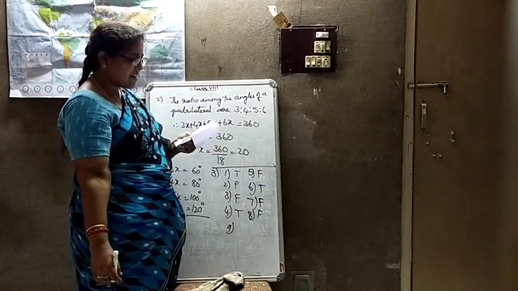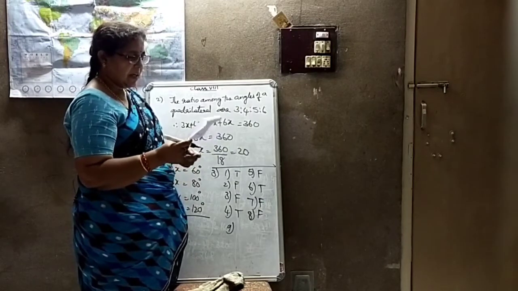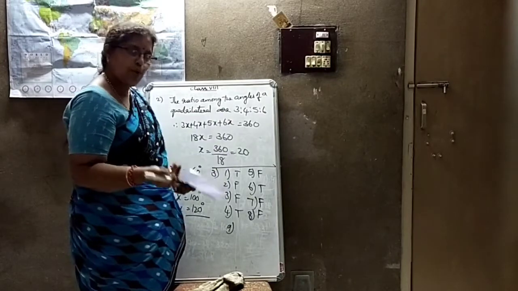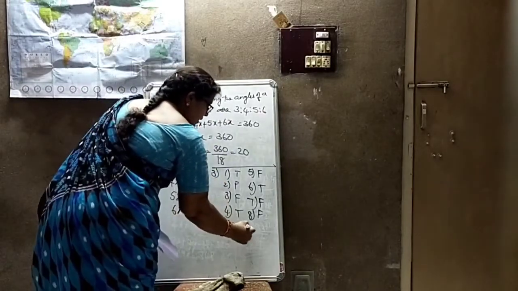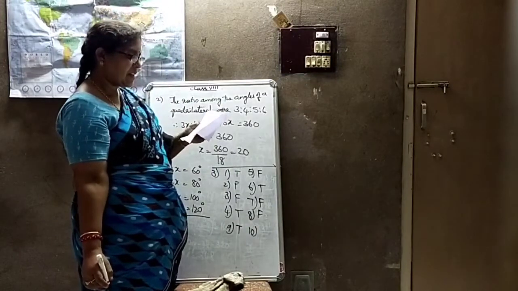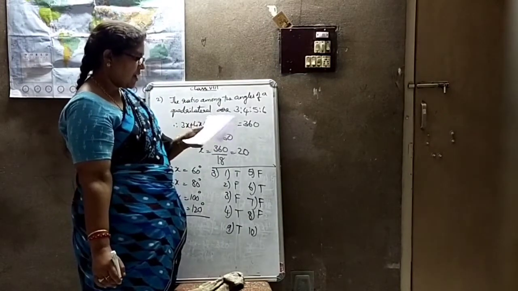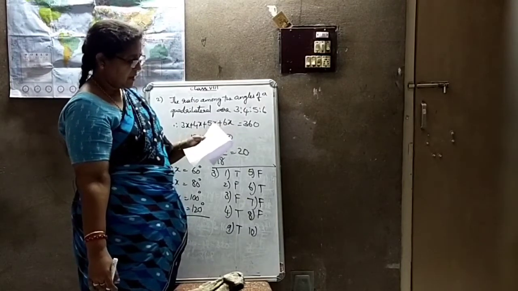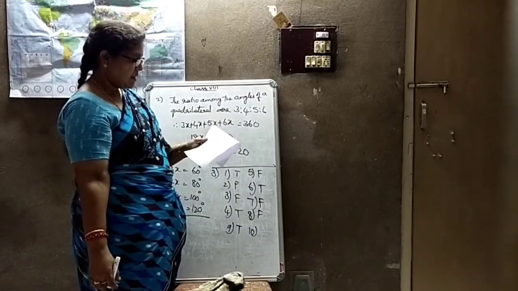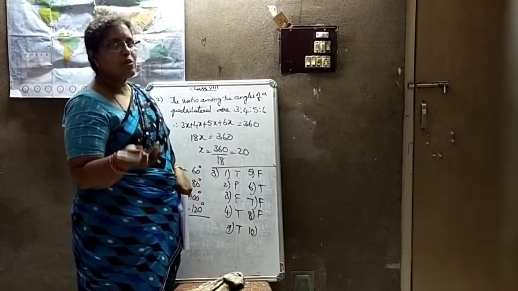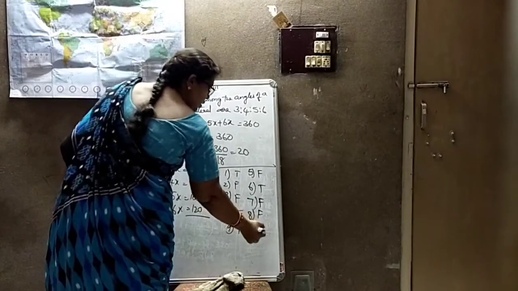If two adjacent sides of a parallelogram are equal, it is a rhombus. True. So the 10th one: if the diagonals of a quadrilateral bisect each other at right angles, the quadrilateral is a square. It can be taken as a square or rhombus. Square is correct, since a square is also a rhombus. True, you can write.